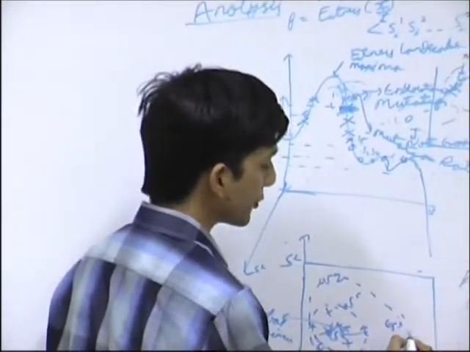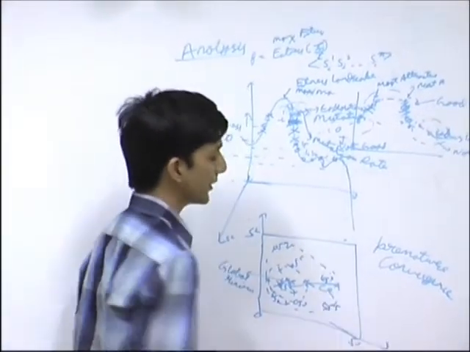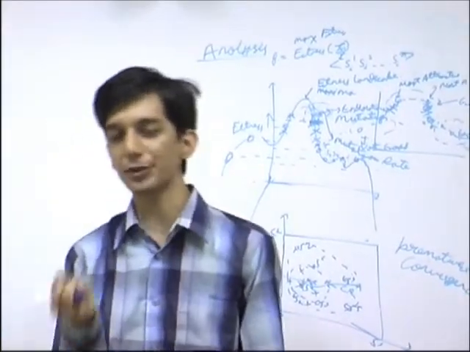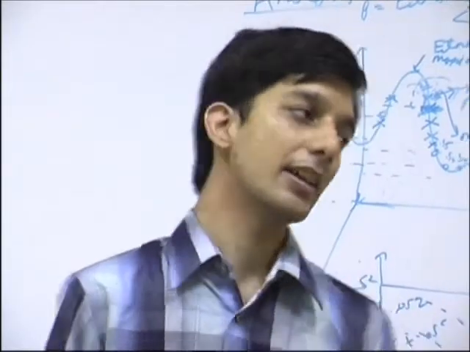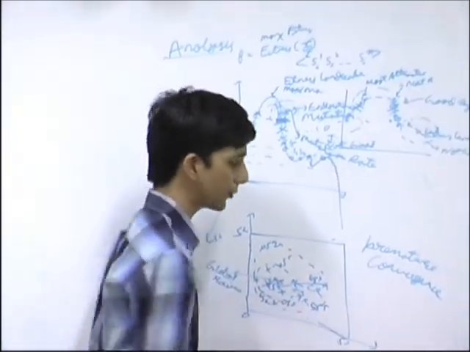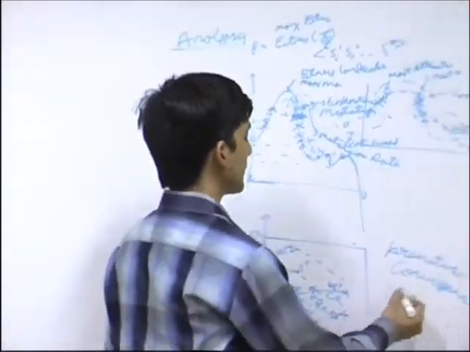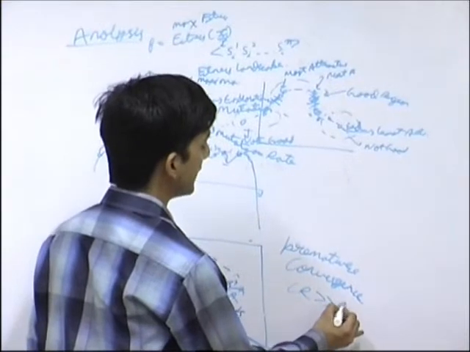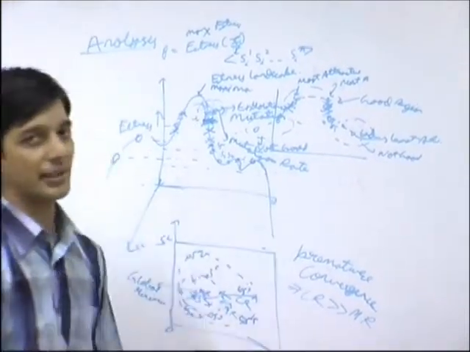So the rate at which this contraction happens is determined by the crossover rate. Crossover rate determines what kind of contraction happens in this search space. The kind of expansion that happens is determined by the mutation rate. Now normally the crossover rate is much higher than the mutation rate, and therefore the search space always contracts.